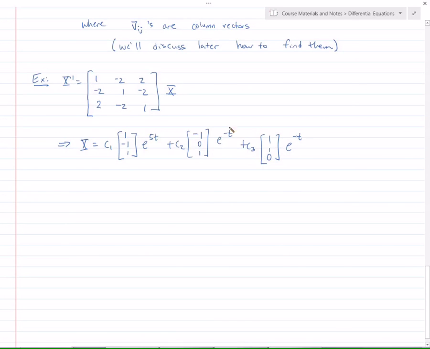So notice how both of these have e to the -t, but because they're eigenvectors, the column vectors in front of them are linearly independent, so these two solutions are linearly independent from each other. Done. Easy.